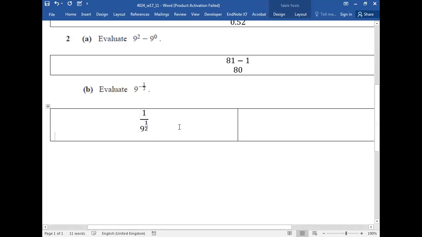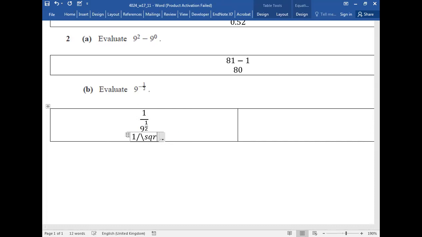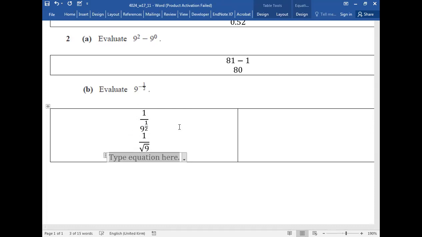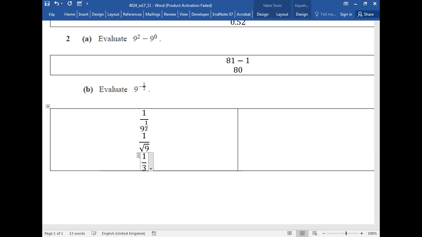What does a power half mean? Half means square root. So what is the square root of 9? This is not reciprocation. Reciprocation means switching between the numerators and the denominators. This is forcefully changing the position of a base.